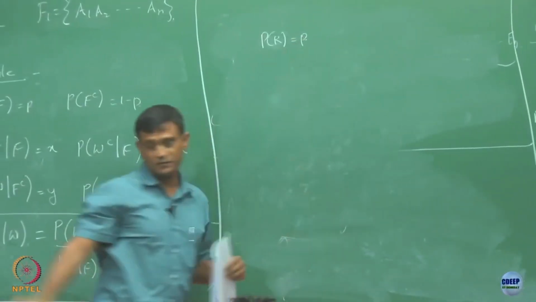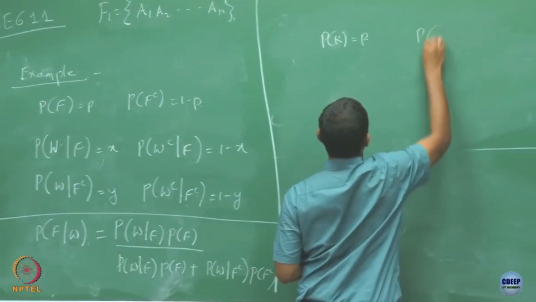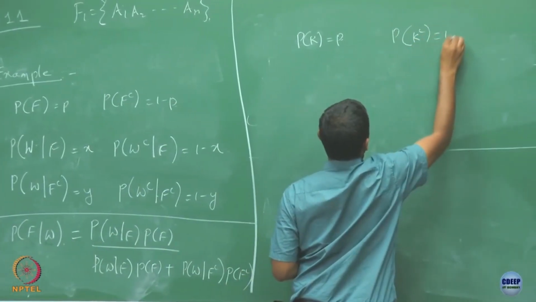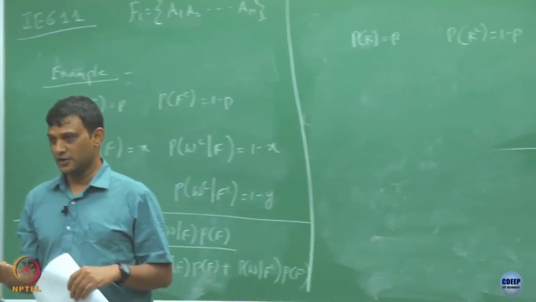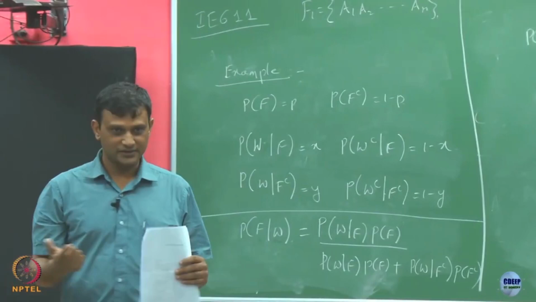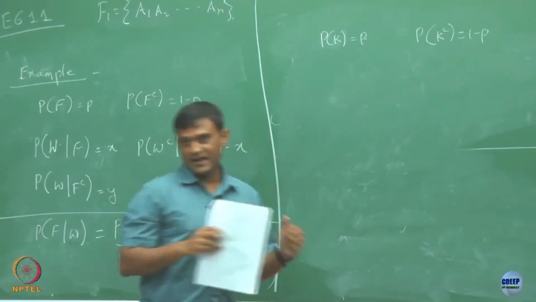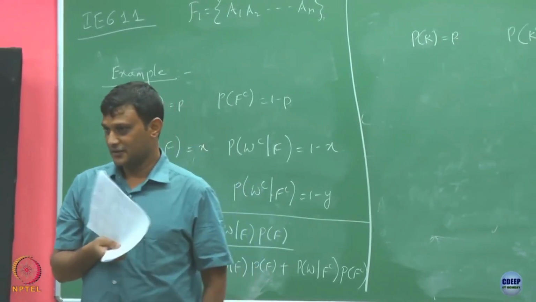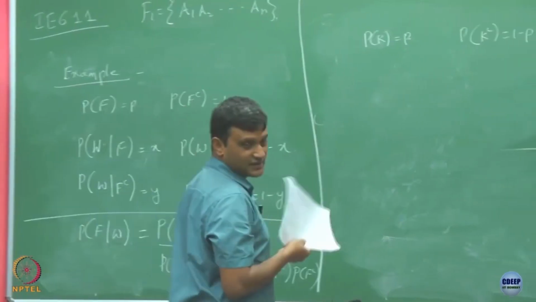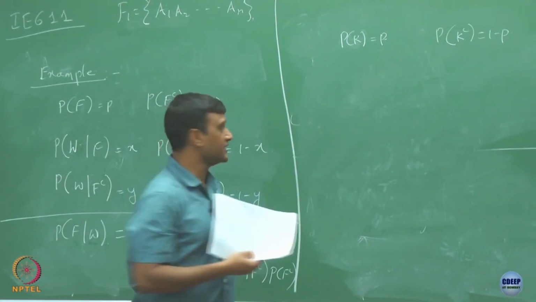You know the answer with probability P, and with probability 1 minus P you do not know the answer. What you do when you do not know the answer is you guess. And when you guess, you are not always going to be lucky, so you are taking a risk, and that is where this probability comes in.